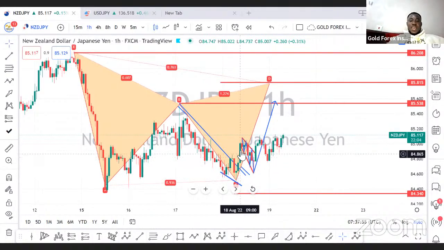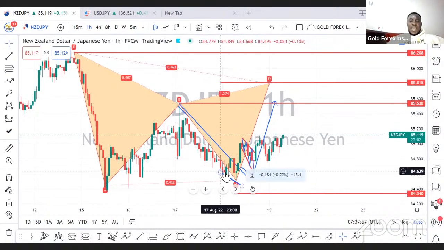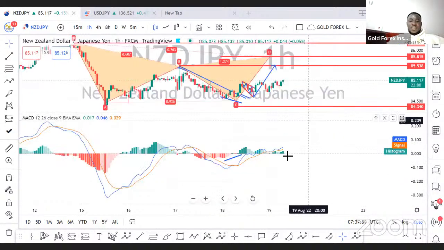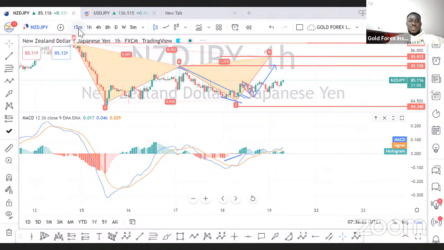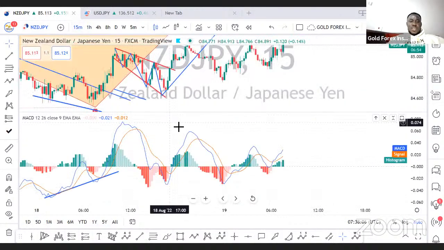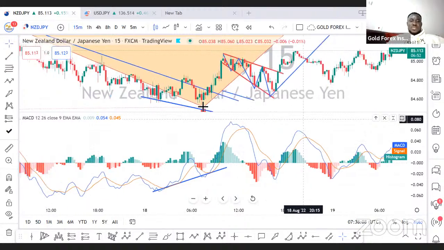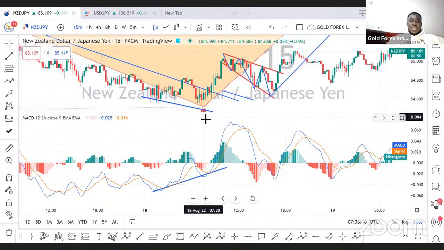over here. It went up. We had a divergence around here. Now, I think on the lower time frame, let me check. Yes, so this was it. We had a divergence at the C leg, which created a change of direction, right?